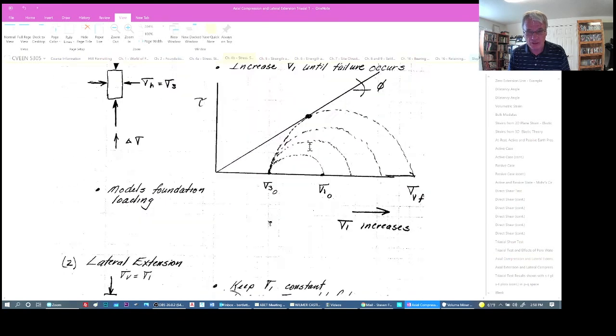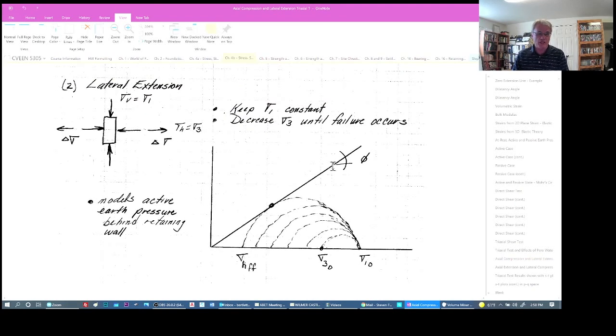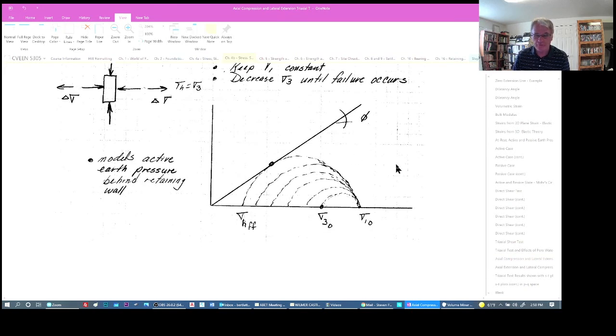Notice here's the peak here, and here's the peak here. It's lower. So this models a case where maybe a retaining wall might be moving away from a soil mass. This is the lateral extension mode. So this would be the proper test if we wanted the right failure envelope for a retaining wall moving away from the soil mass.